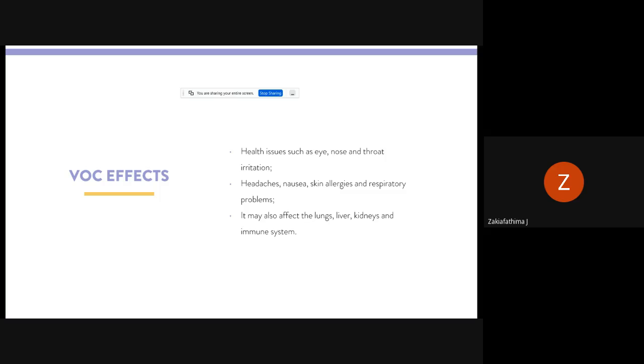Effects of HVAC. Why do you need to check into this? It is because of your health issues such as your eye, nose, and throat irritation. So your VOC, any of your volatile organic compounds, we said it is a toxic material.